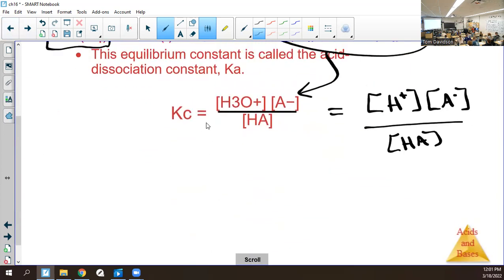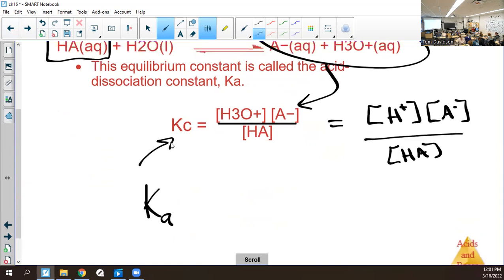Kc is Ka. Ka just means we're doing Kc for an acid. So it's the same math, same idea, and same everything. But if we do it for an acid, we specifically call it Ka.